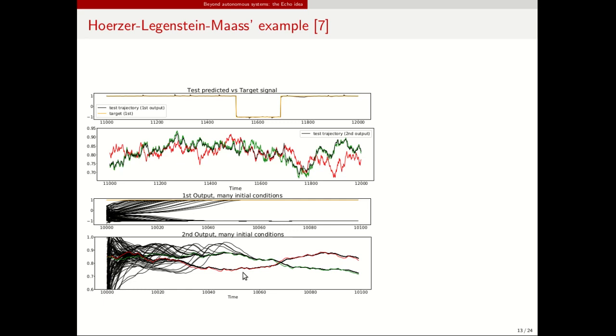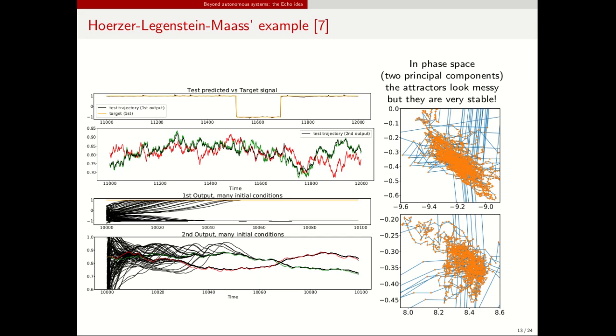And we thought to investigate also in phase space this non-autonomous attractor, and that's how they look in the first two principal components, and they look very messy, but nonetheless they are indeed very, very stable. As you can see, running many initial conditions, all these initial conditions converge either to the red attractor or the green attractor.